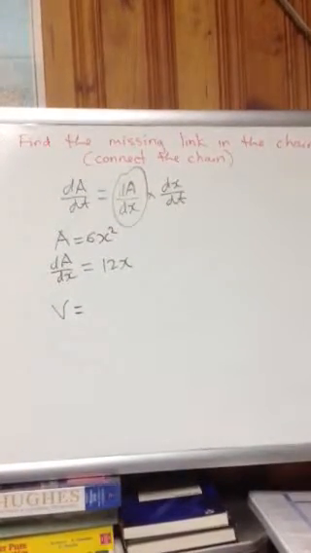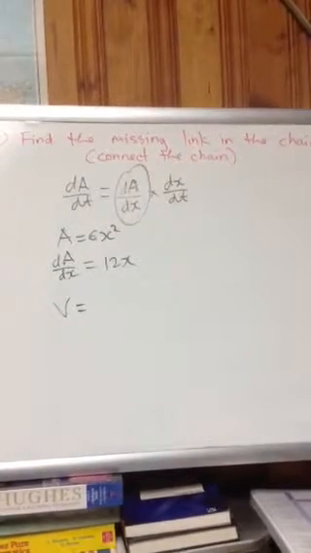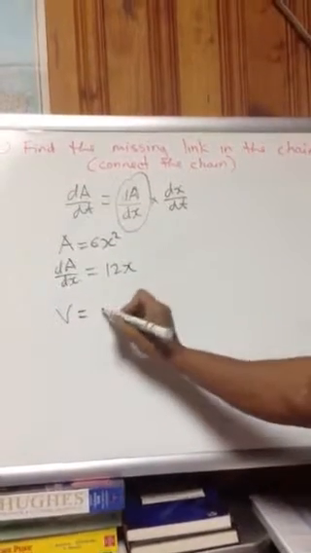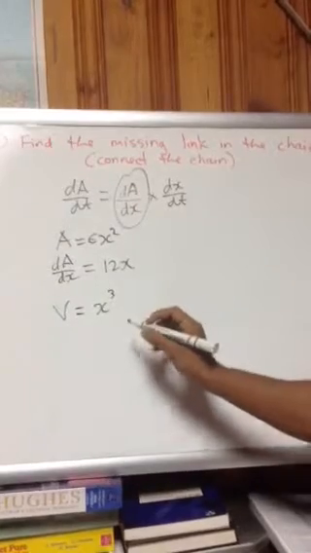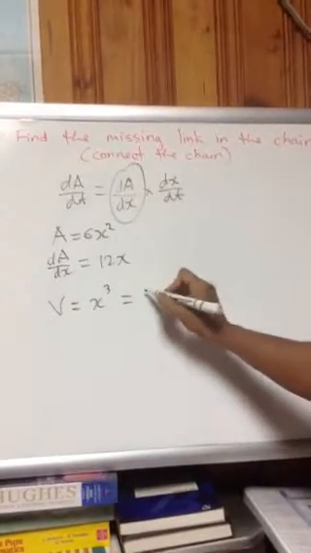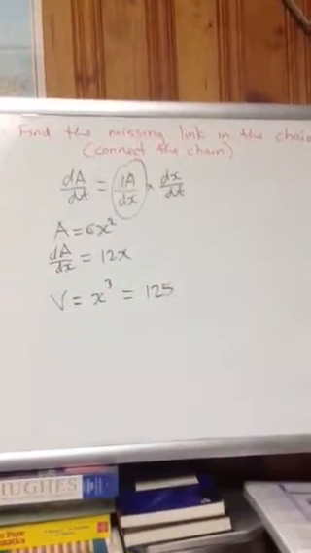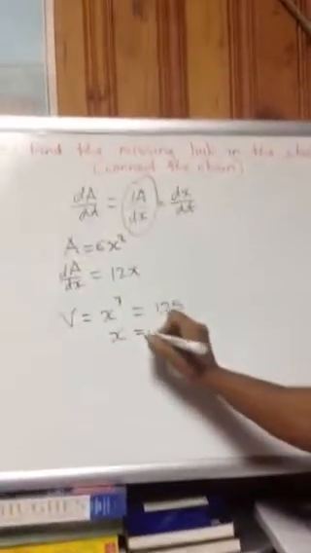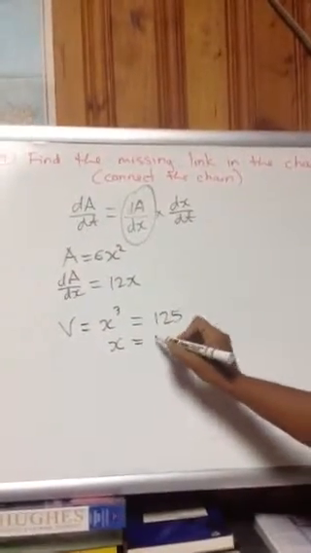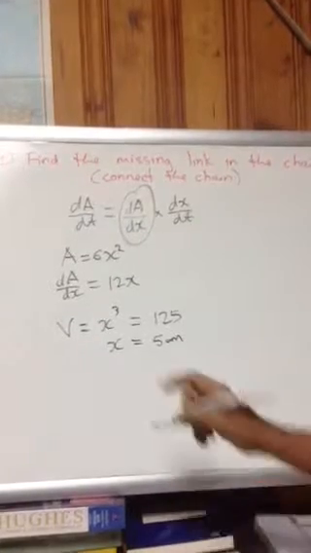The volume of a cube is side by side by side, which is x by x by x, or x cubed in this question, and we are being told that that is equal to 125. Therefore, x is equal to the cube root of 125, which is 5 centimeters.